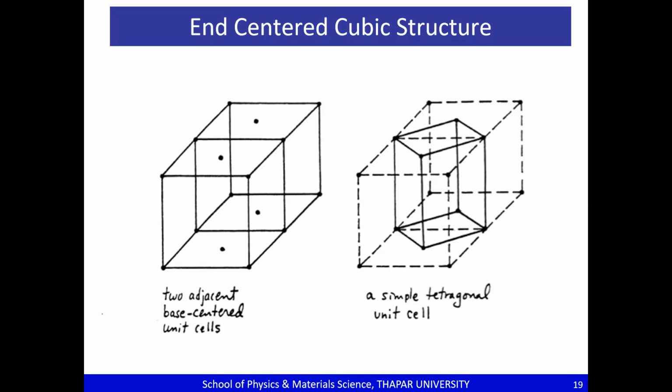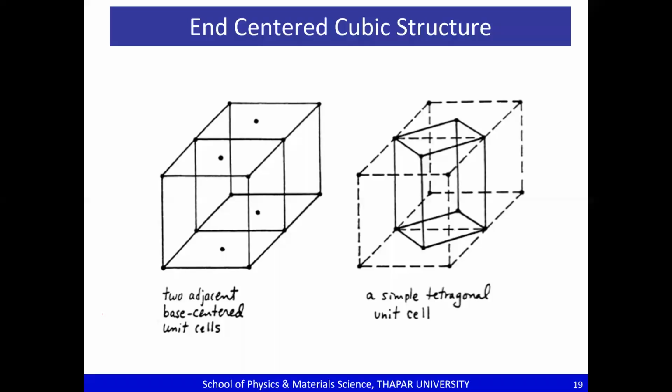What is my point? My point is that the same image on the left, which looked like an end-centered unit cell, can also be represented as the right-hand image, which is a simple tetragonal unit cell. So now if I ask you to count the number of lattice points which these two different unit cell types possess, you can tell me which one has fewer lattice points within the unit cell.